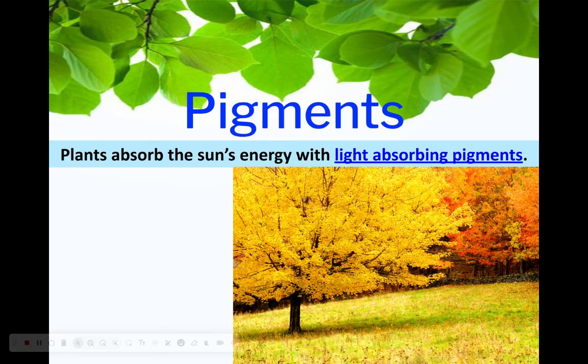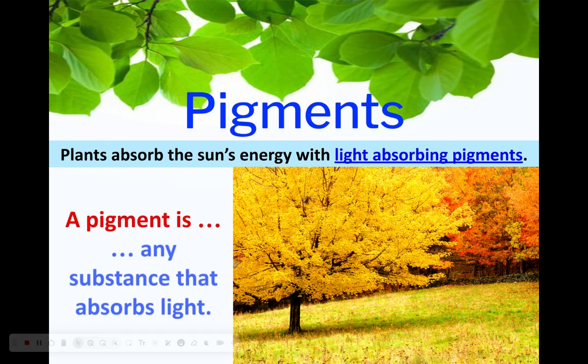Now, the sun is sending out energy across this whole spectrum, but only plants use a small specialized range of it. And that's where we really dive into pigments. A pigment is any substance that absorbs light. Sometimes you might hear people talk about keratin, and if you eat too many carrots, it can cause your skin to have more of an orangish reddish tint.